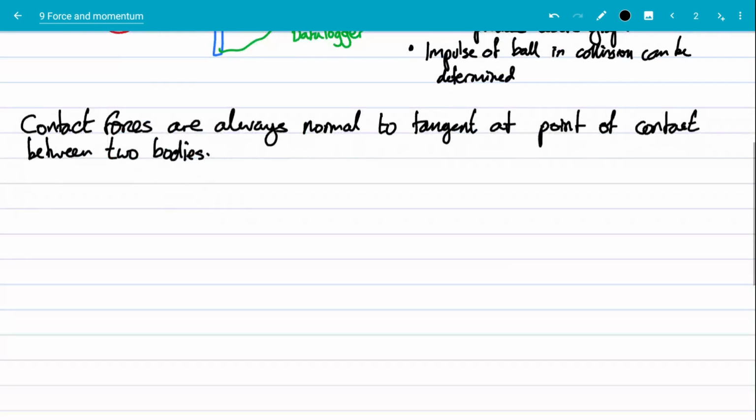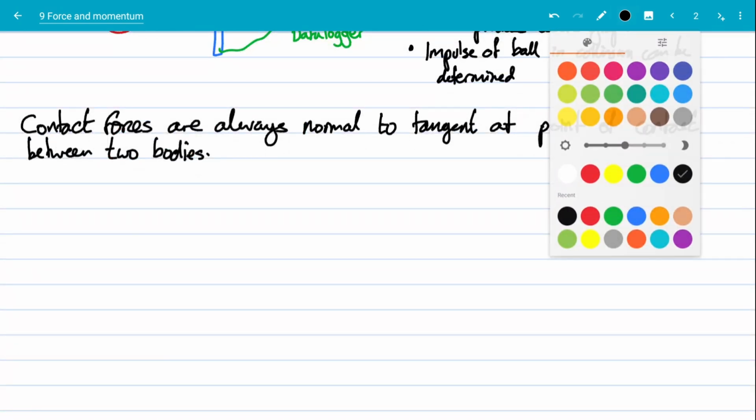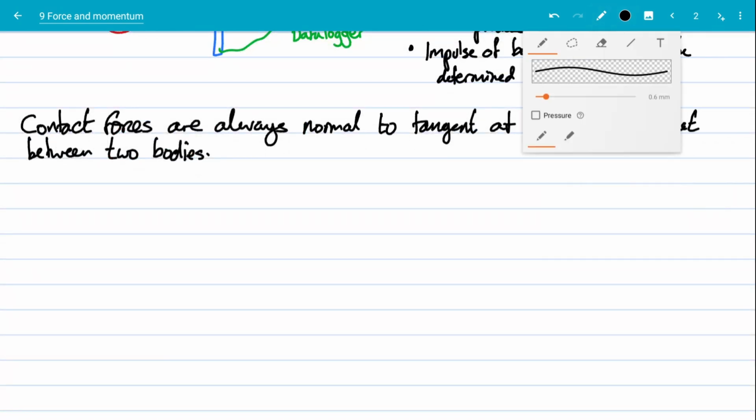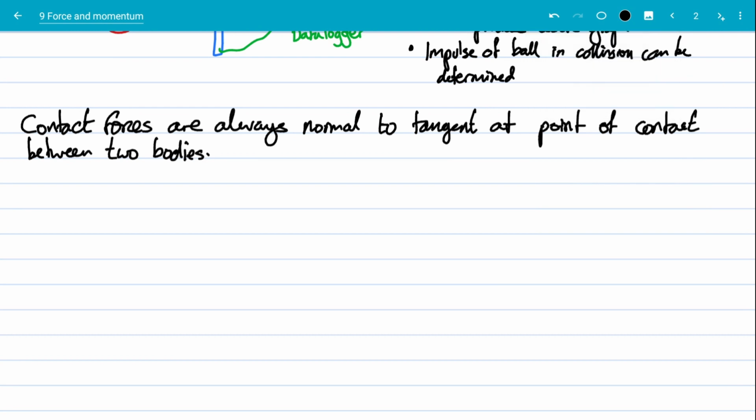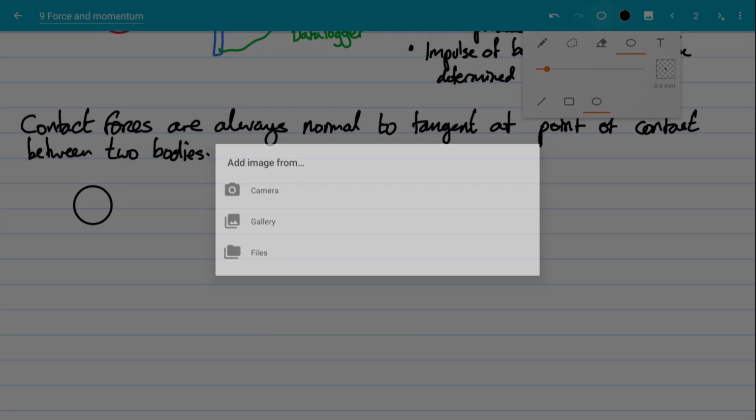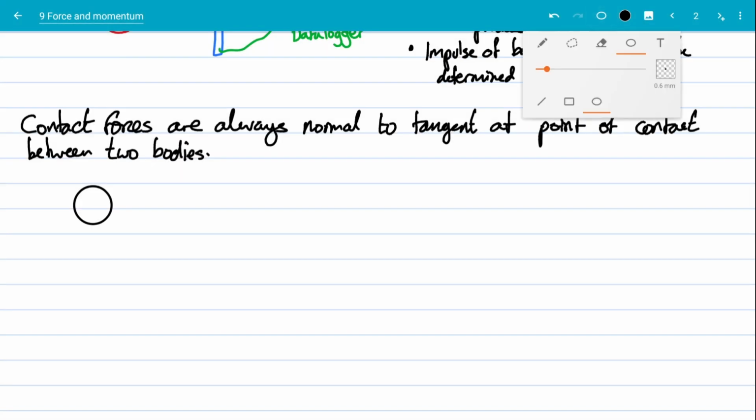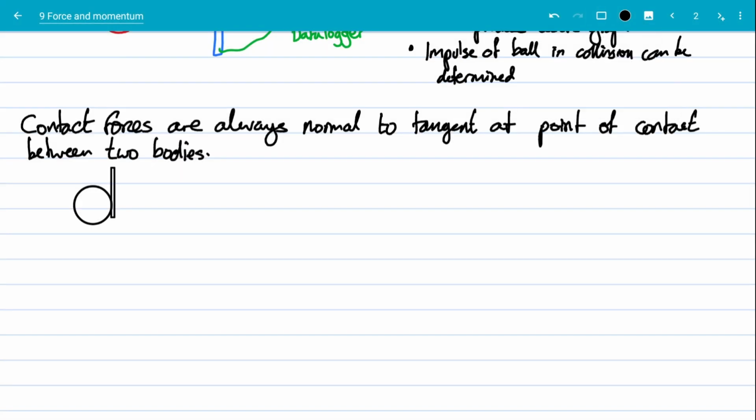So let's consider a round object colliding with a flat surface. This is maybe, if you're into sports, a cricket bat, because that has a flattened surface, doesn't it?